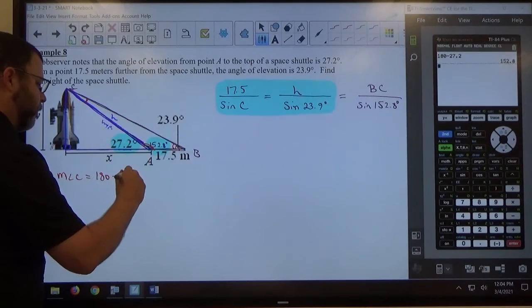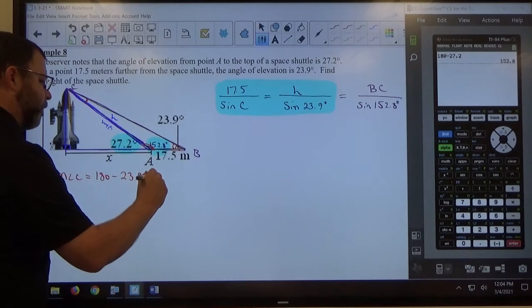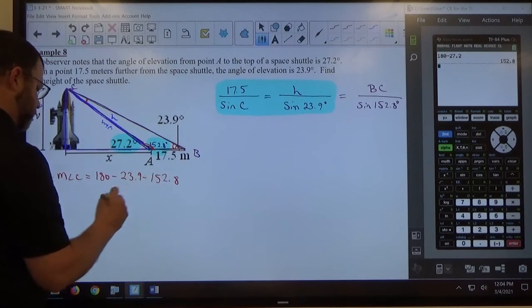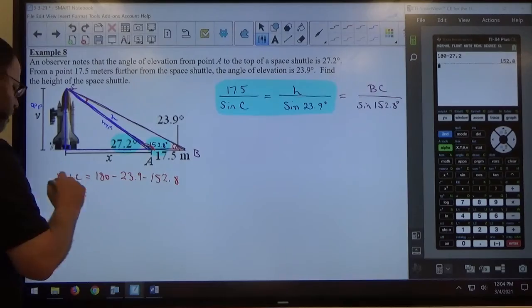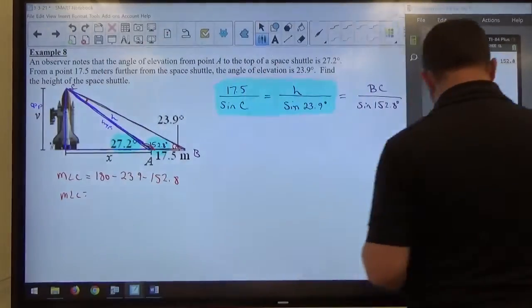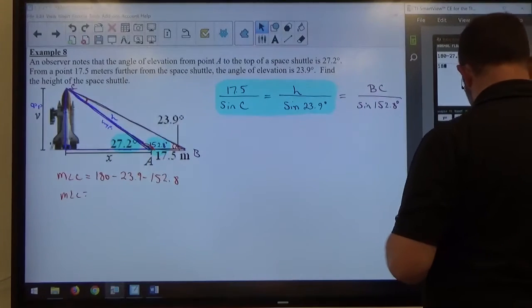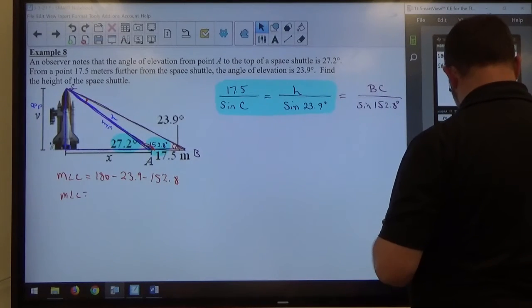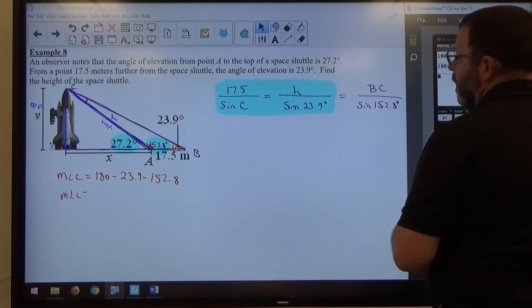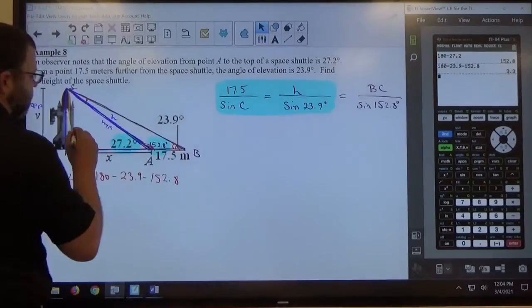So minus 23.9 and minus 152.8. So now if I do 180 minus 23.9 minus 152.8, angle C ends up being 3.3 degrees.